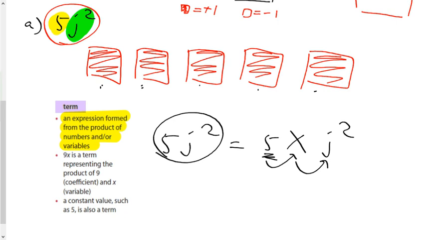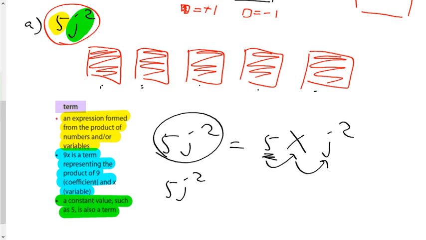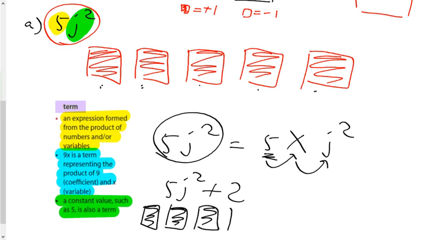And then they have another example here. It says 9x is a term representing the product of 9 coefficient and x variable. And keep in mind, a constant value such as 5 is also a term. If I think about 5j squared plus 2, the 5j squared is this picture here, the product of 5 and j squared, and the 2 is just this 1, 2.